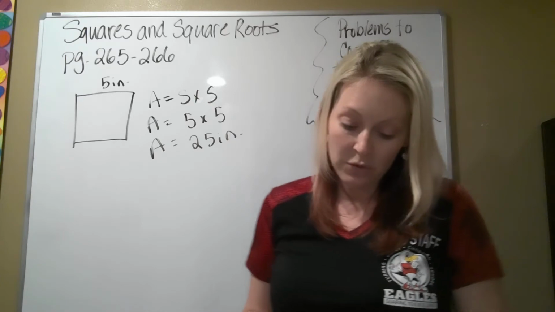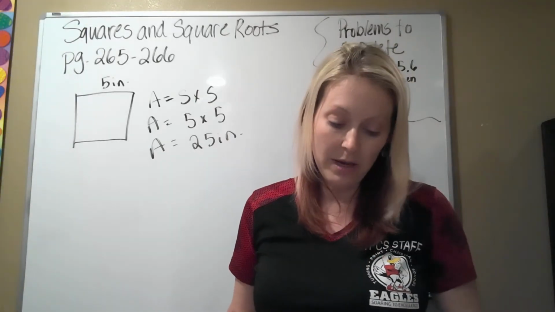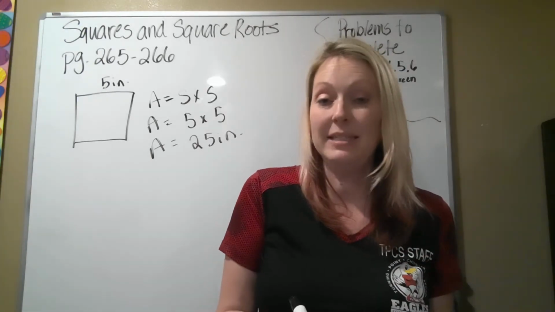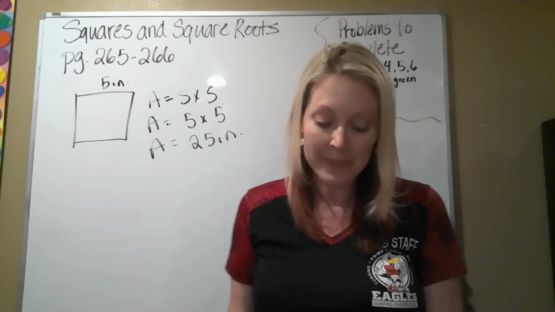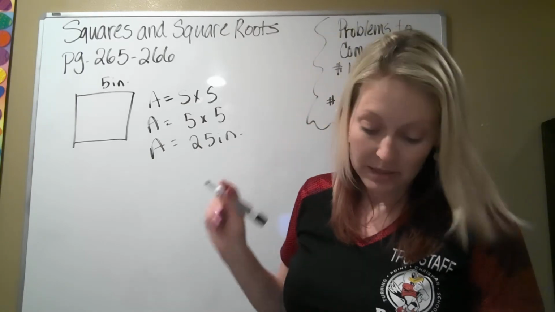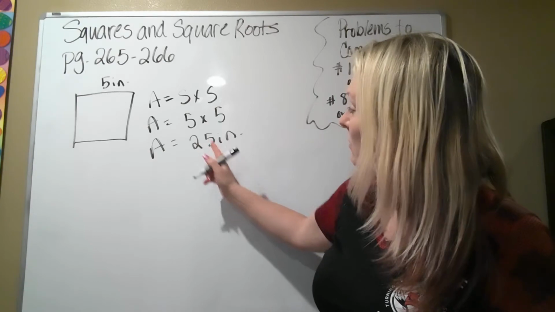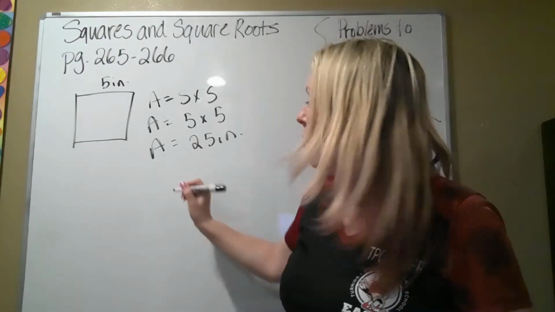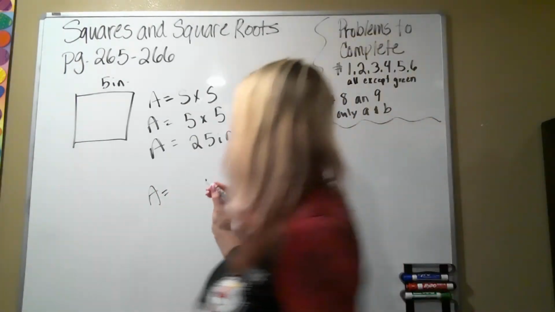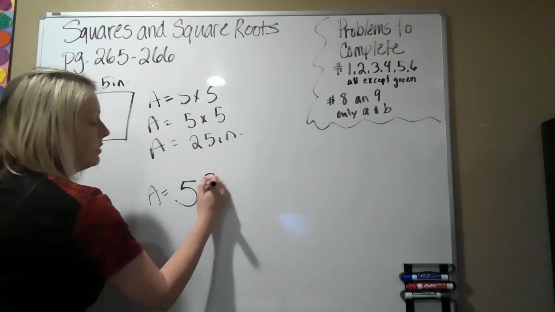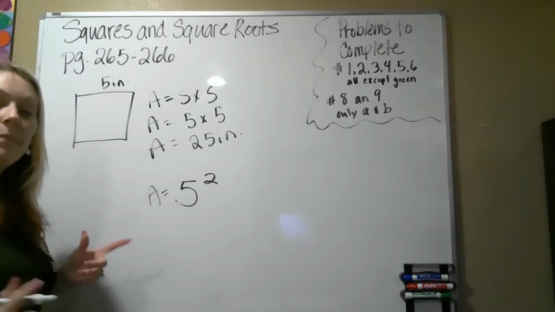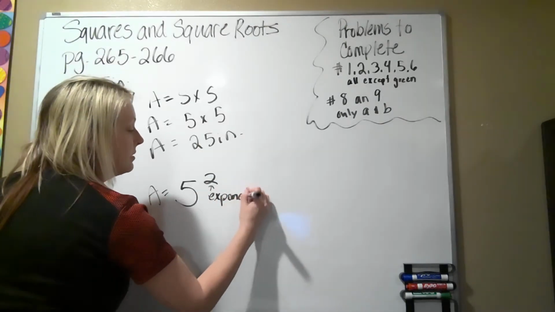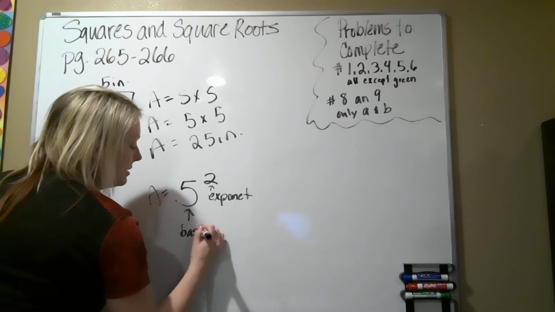Now, when we are trying to find the area of a square, we can also use something that has a base number and an exponent in it. Let's go ahead and look at this one. If we know that 5 is the side, we could say A equals 5 squared. This little part right here is called the exponent, and this is called the base number.